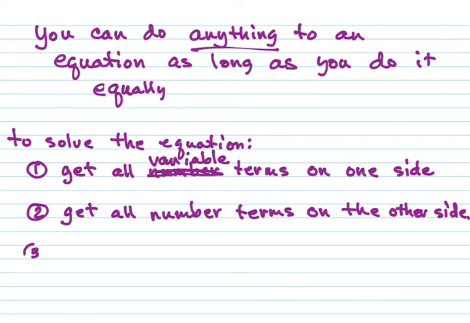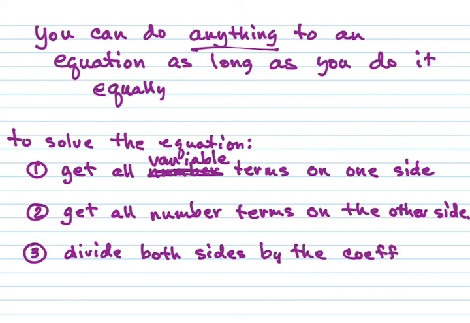And third and last step is to simply divide both sides by the coefficient of the variable term.